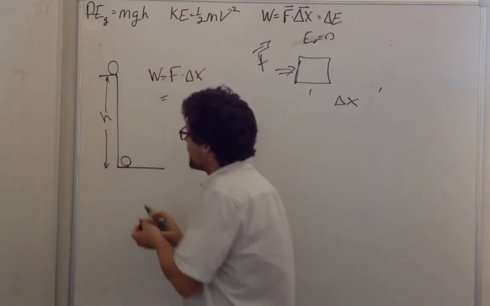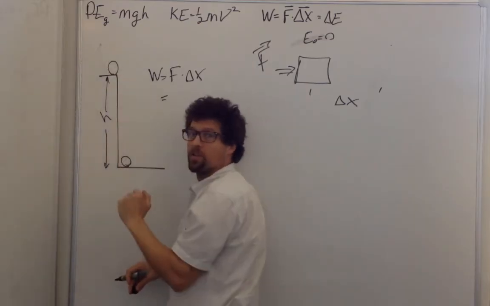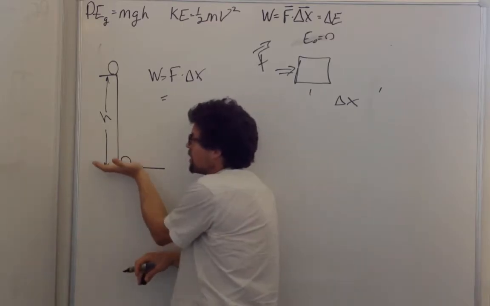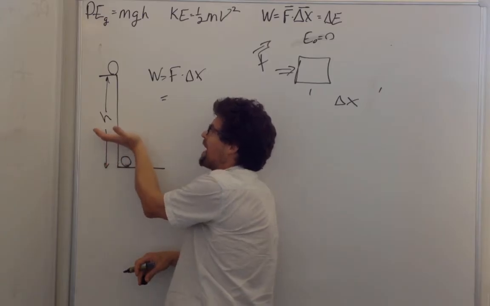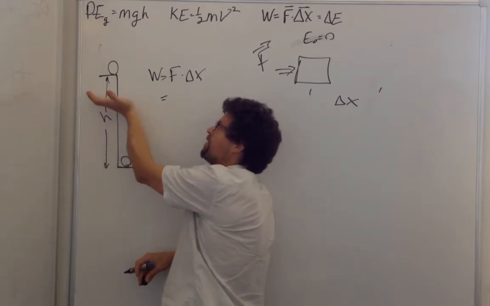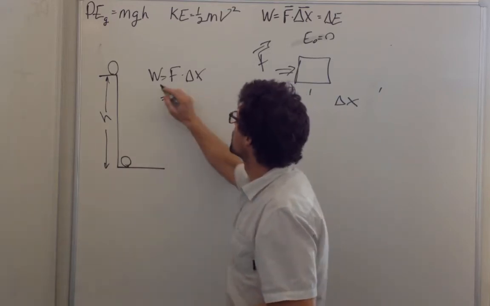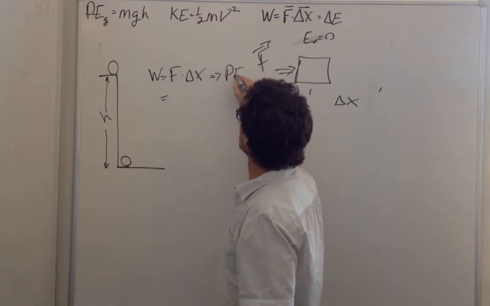Now the force, if I put a force on it, I might accelerate it and some energy might turn to kinetic energy. Let's not let that happen. Let's push with just enough force to compensate for gravity so we move upward at a constant, very, very low velocity. So kinetic energy is essentially 0. And so this work turns to gravitational potential energy.